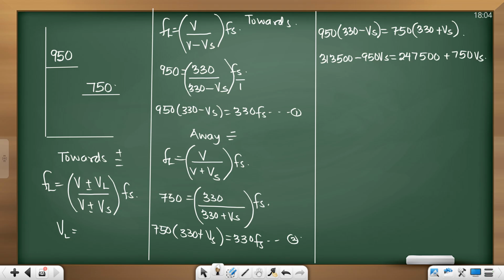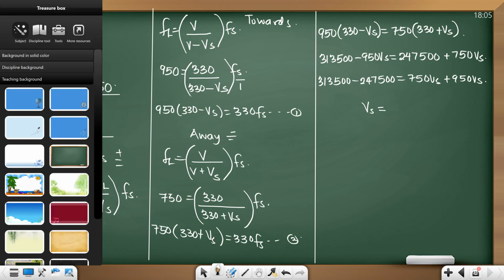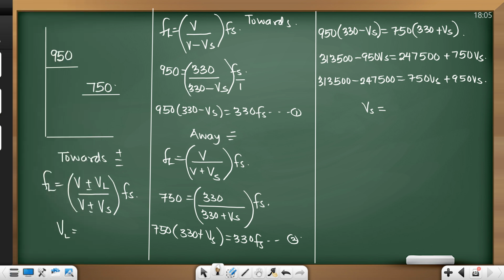We are done already with the math, right? If you bring that one over, you have 313500 minus 247500 will be what? 750 Vs plus 950 Vs. I'm sure everyone can do the maths there now. We just add and we divide.